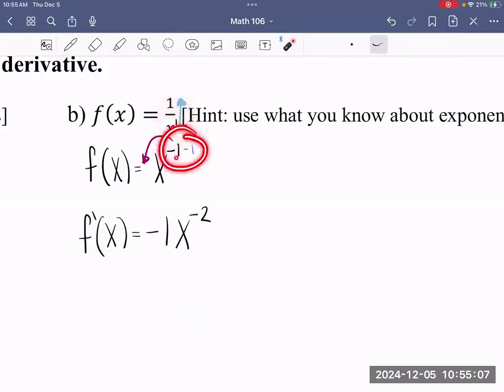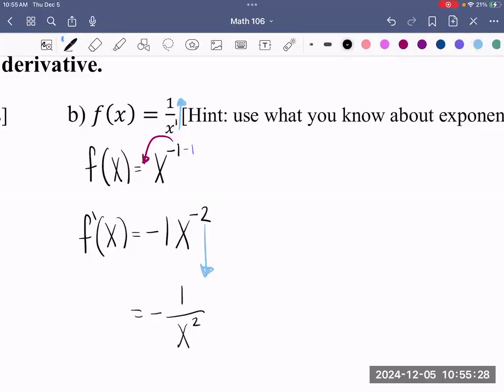If it starts out with a negative exponent, well, actually, that goes against my rule. I like no negative exponents. So disregard that. I like negative exponents to be gone. Negative exponents go down here. And now it's positive.